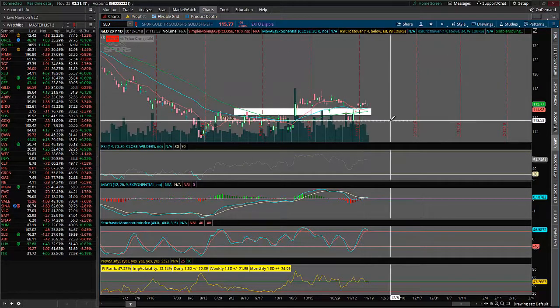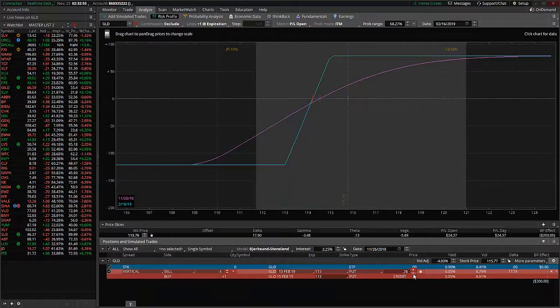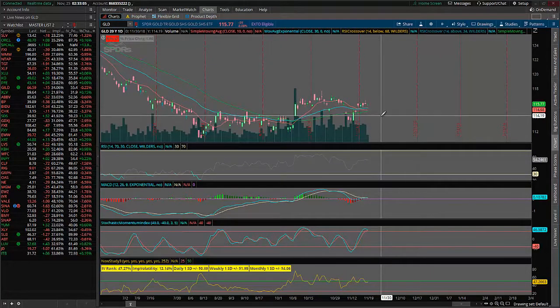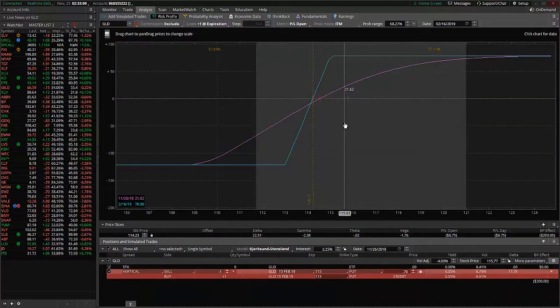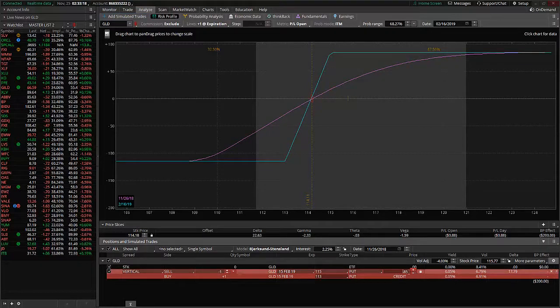Now we can take a little deeper look here, remove those drawings. 78 is probably still really aggressive considering where price is at the moment, but if price falls back down to this level that we identified as our entry zone, about the 114 area, you can see we could still get away with maybe getting to about 85.